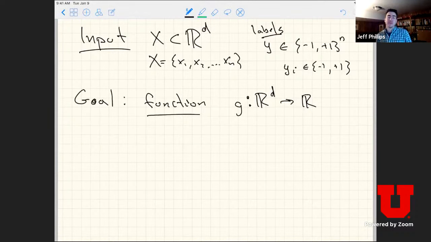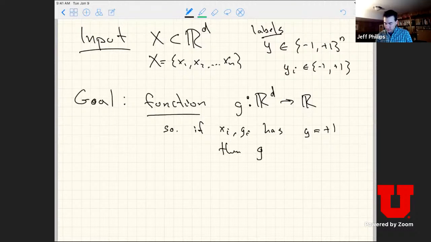So we're going to map it to the real numbers. So it's like a regression problem this way. But if (xi, yi) has yi equal to +1, then we want g(xi) to be greater than 0. Otherwise, we want g(xi) to be less than 0.